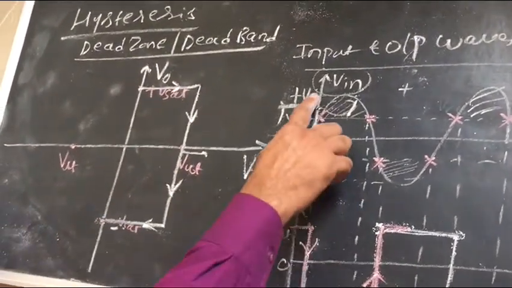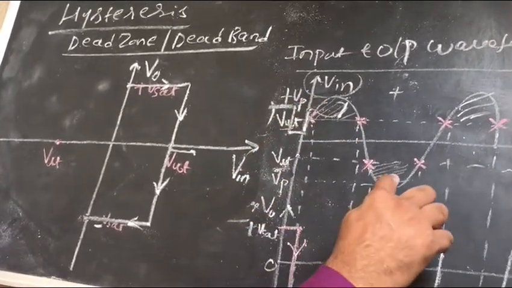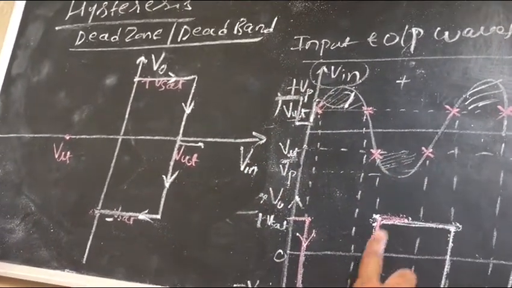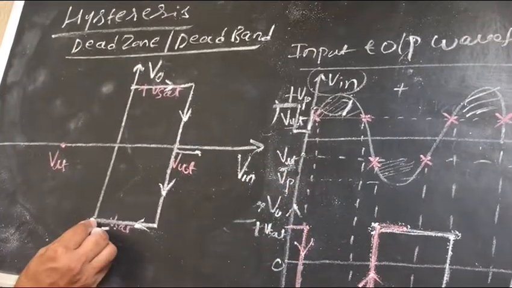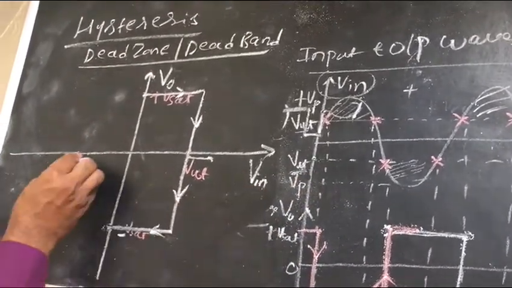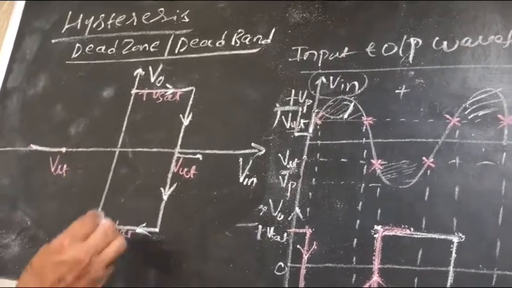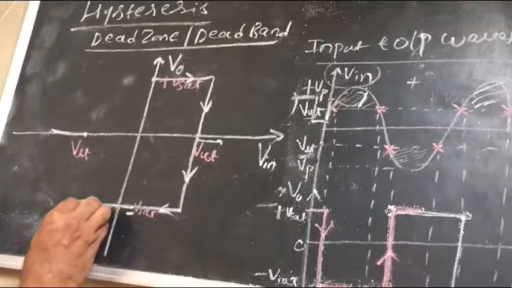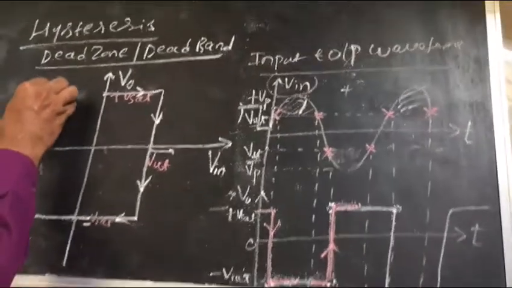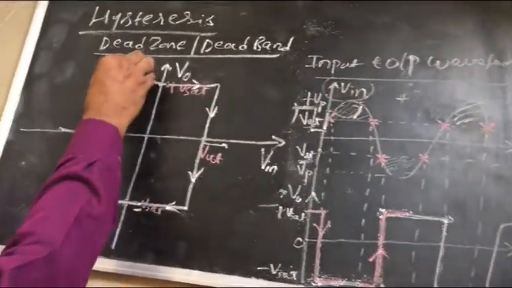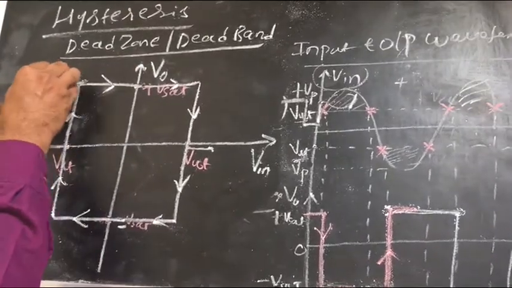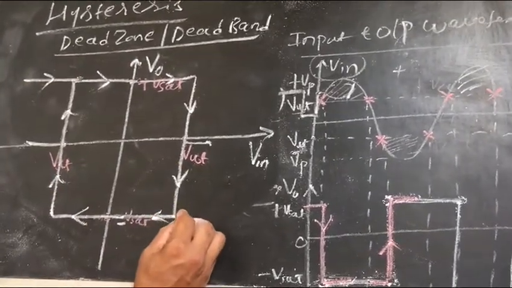Similarly, when Vin is less than VLT, here my output jumps from minus Vsat to plus Vsat. So this meaningful information is displayed on the hysteresis like this. I mean to say, students, when Vin is more negative than the VLT, then the output jumps from minus Vsat to plus Vsat like this, in this direction.